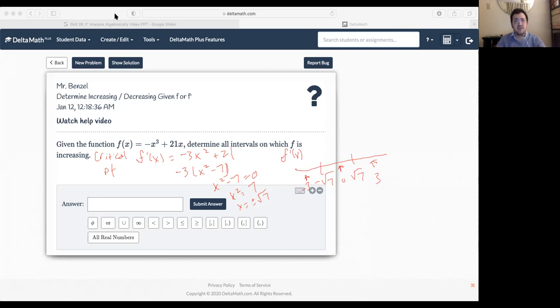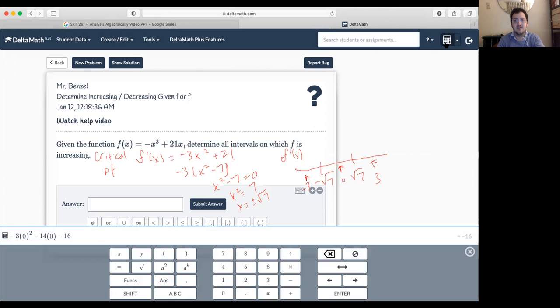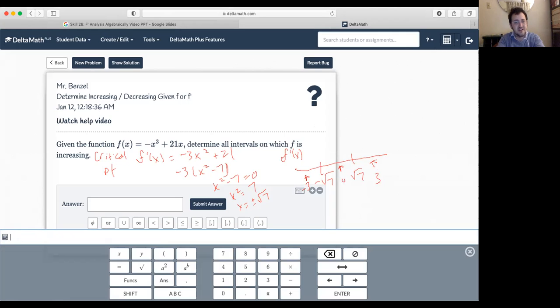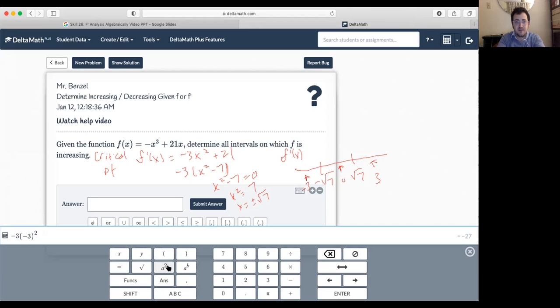So I'm going to go to my calculator now, and go to my derivative. So I have -3 times -3 squared plus 21. That's a negative number.